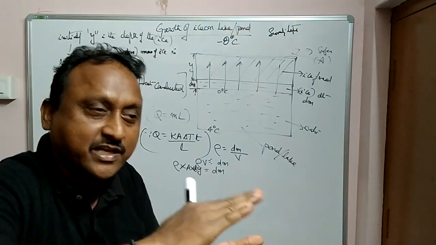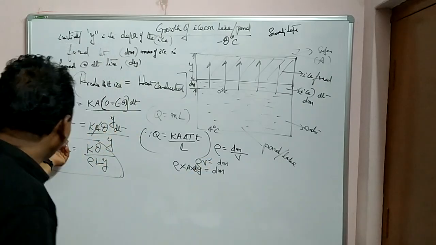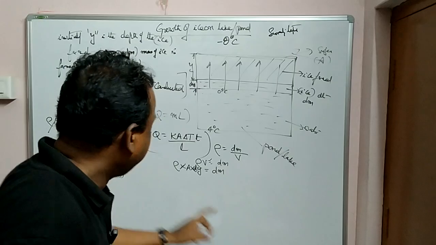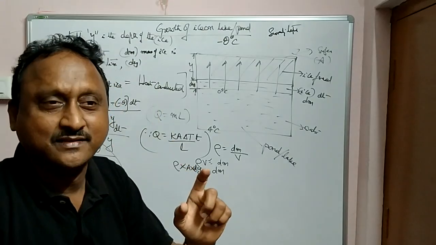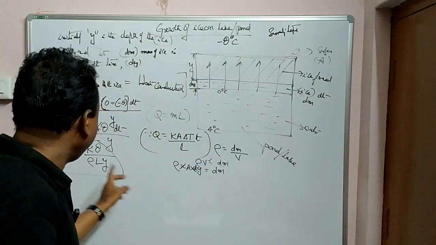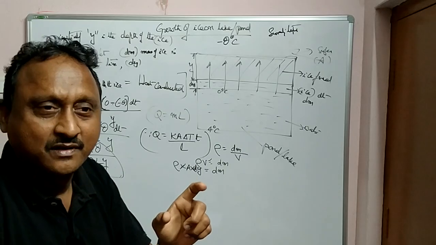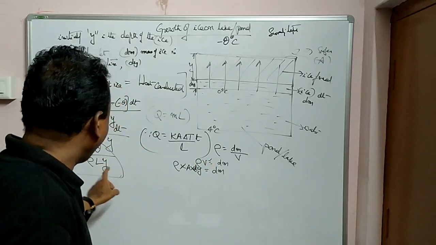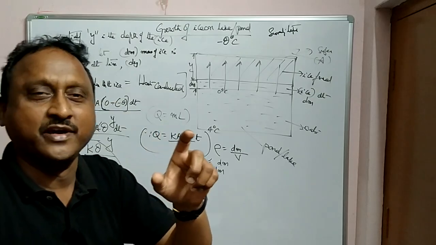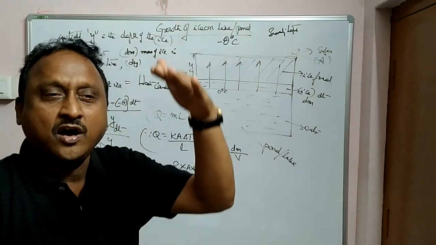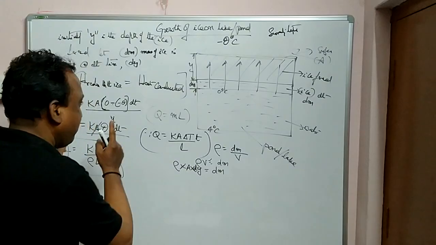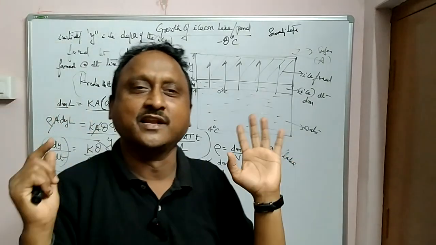So how does this growth happen with respect to time? dy by dt is equal to K, coefficient of thermal conductivity of ice, theta, temperature difference between lower and higher, rho, density of the ice, L, latent heat of fusion of ice, and y, how much length it is growing. So this formula is very important in numericals also.